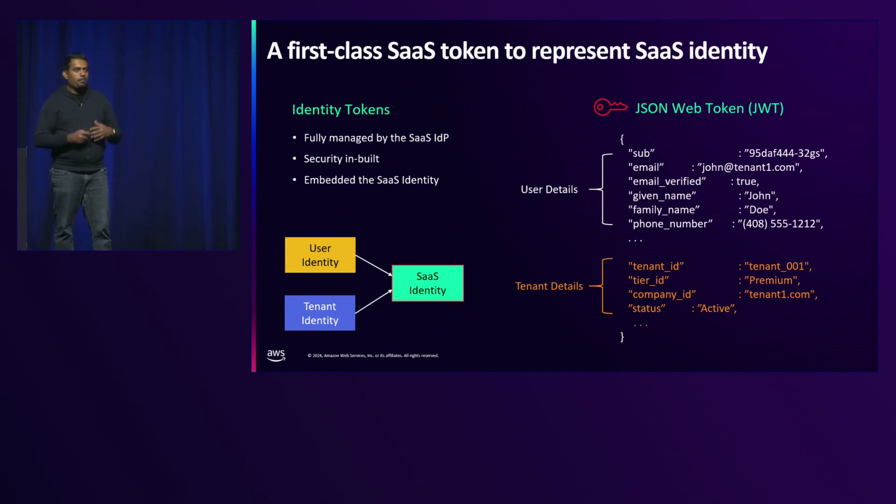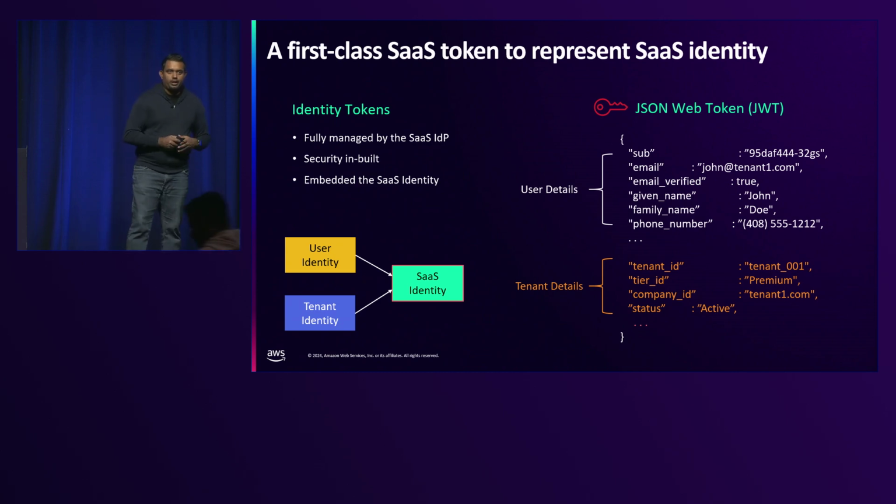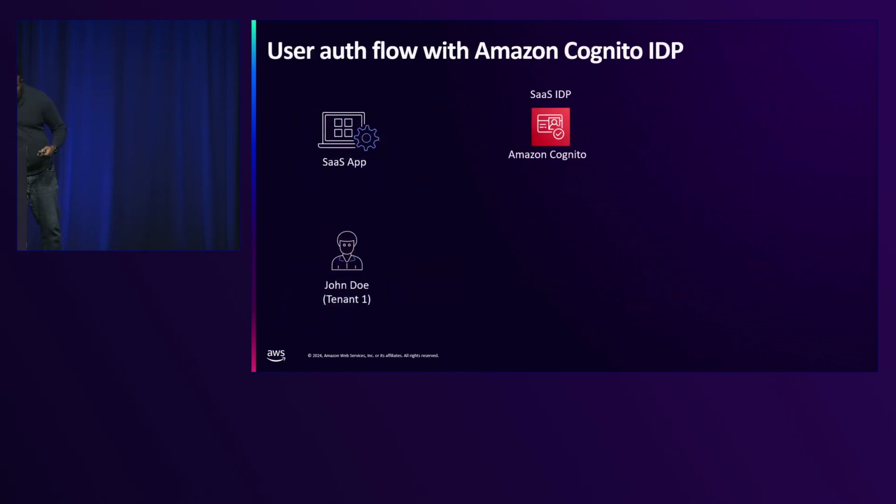For example, they are encrypted, and they have a TTL, so they expire after some time as well. This token-based implementation of identity will immensely help us automate the downstream communication of these tenant users with the SaaS application as well.